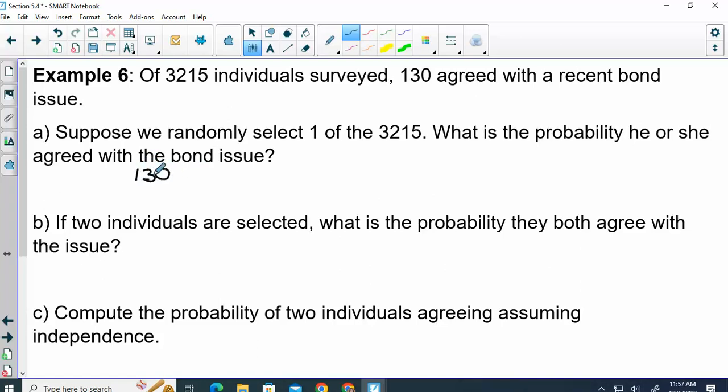This is just kind of like our first day. Just dividing. We only have the one person to consider. We already said 130 of those agreed, so 130 out of our total. And we get 0.0404.